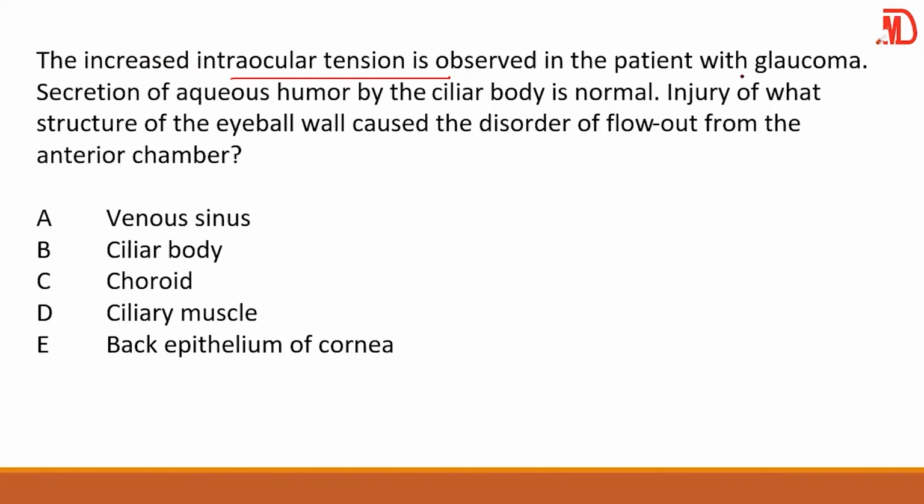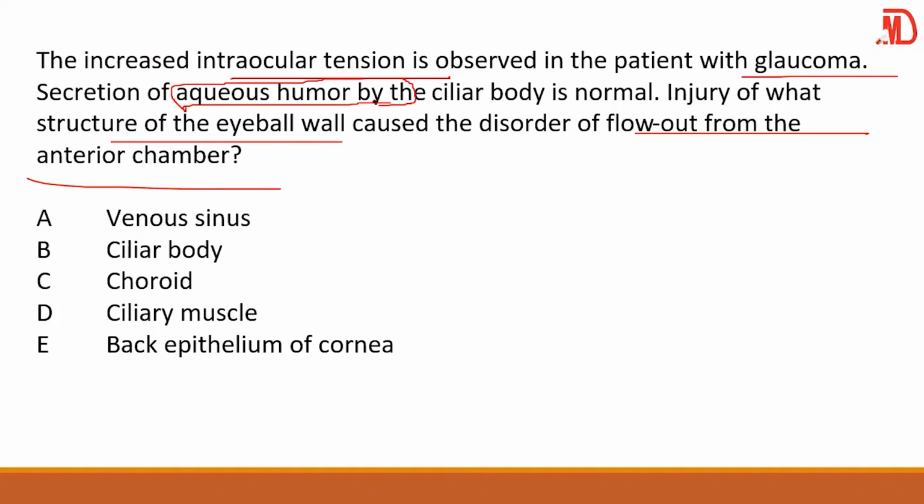You see, with glaucoma, secretion of the aqueous humor by the ciliary body is normal. Injury of what structure of the eyeball caused the disorder of the flow out from the anterior chamber? You know the anterior chamber contains a fluid called the aqueous humor.